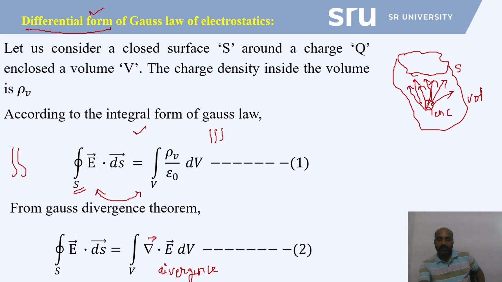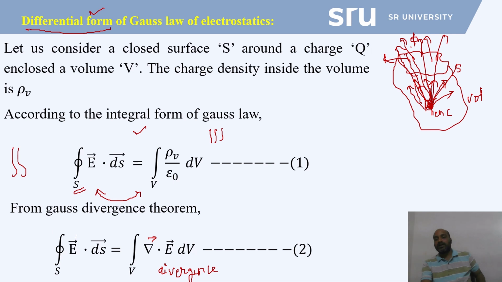Out of that, the perpendicular contribution of the electric field is the flux. The number of field lines which are passing perpendicularly is the flux. So the flux is coming out from the surface in all possible directions. See that here all the electric field lines start from one point, but they are spreading in all possible directions through that surface.